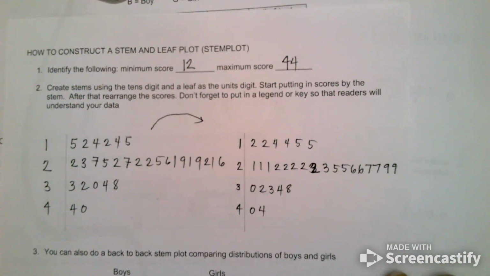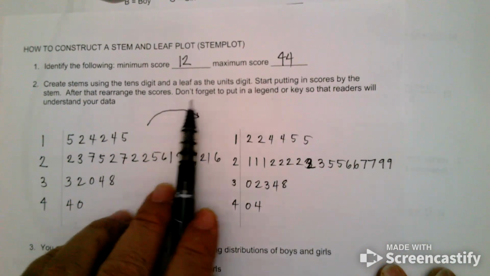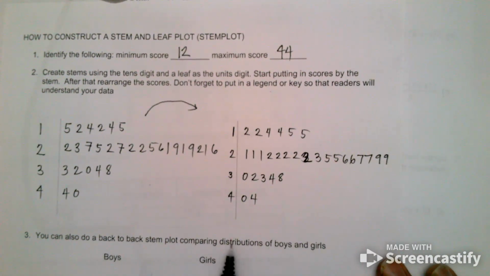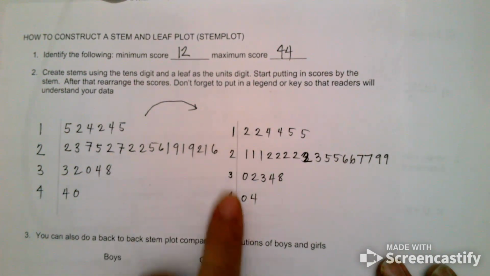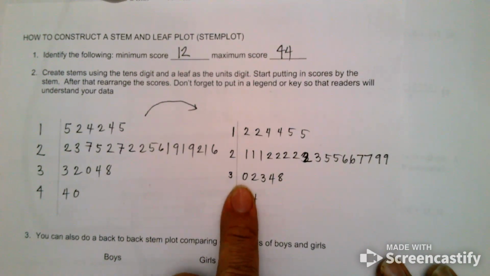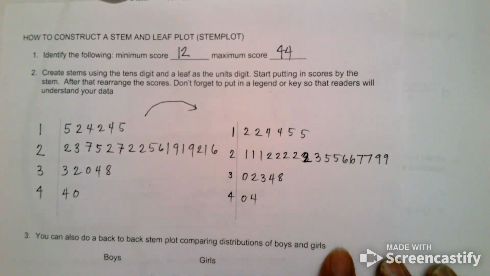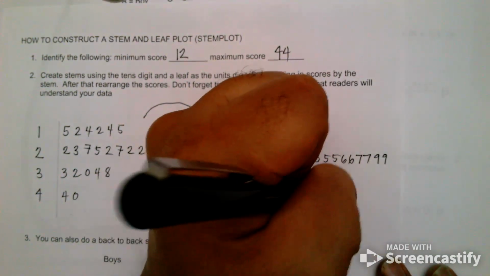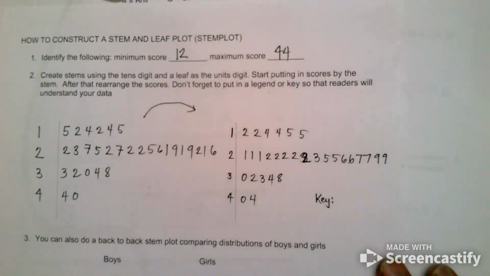Okay? Now, the last one is don't forget to put in a legend or key so that the readers will understand your data. So what do we mean when I say 2, 1? What do you mean when I say 3, 0? Because if you have something like that, readers won't understand. So put in a what? Key. Okay?